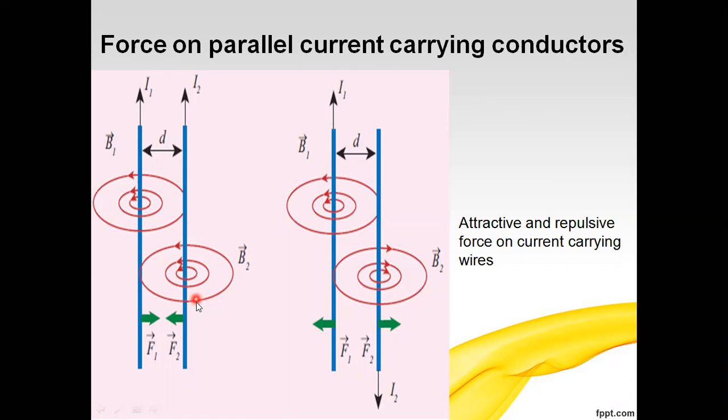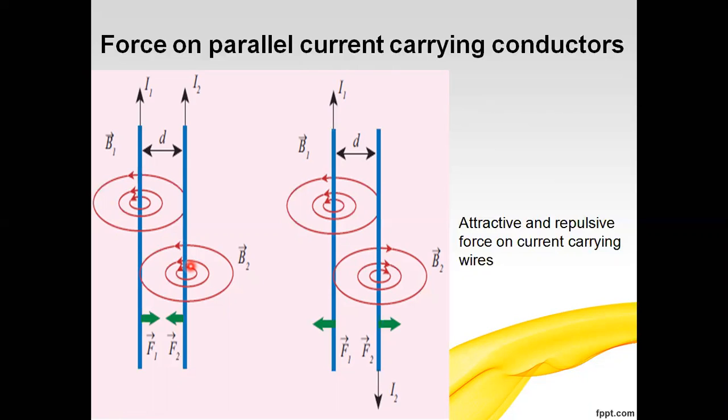The second current carrying conductor will experience a force due to the magnetic field of the first conductor. The first conductor will experience a force due to the second conductor's magnetic field.